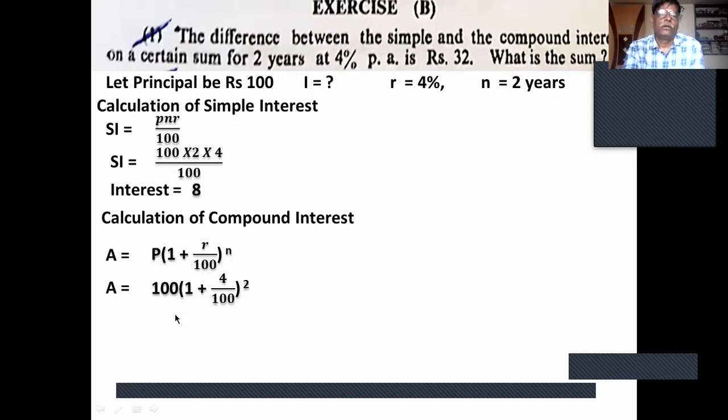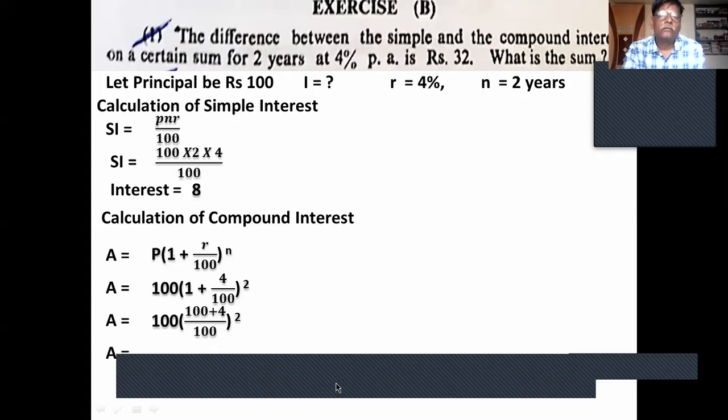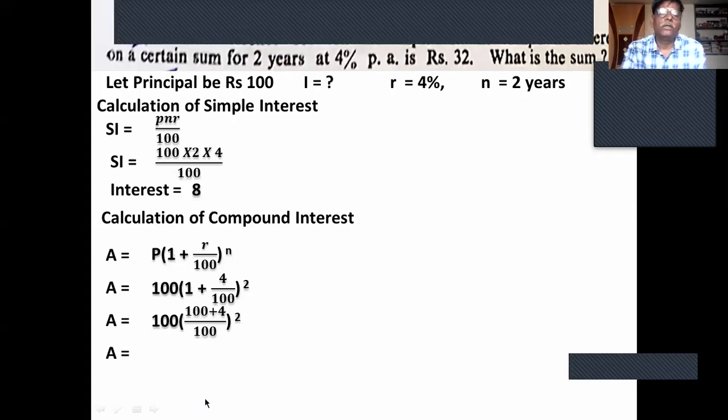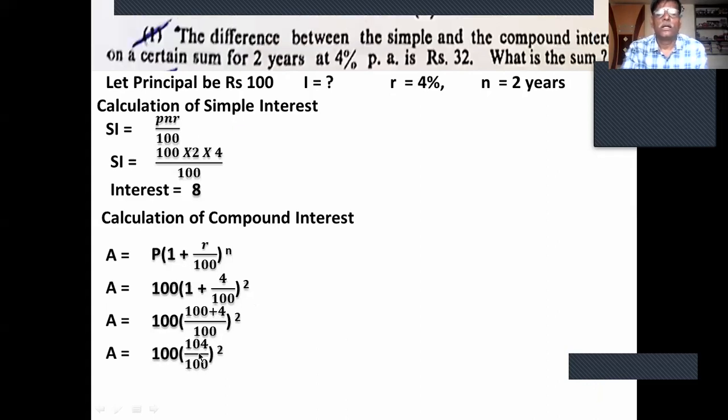Then if you simplify the bracket, 100 into 100 plus 4 divided by 100 raised to 2. Then A is equal to 100 into 104 divided by 100 raised to 2. A is equal to 100 into 1.04 raised to 2.